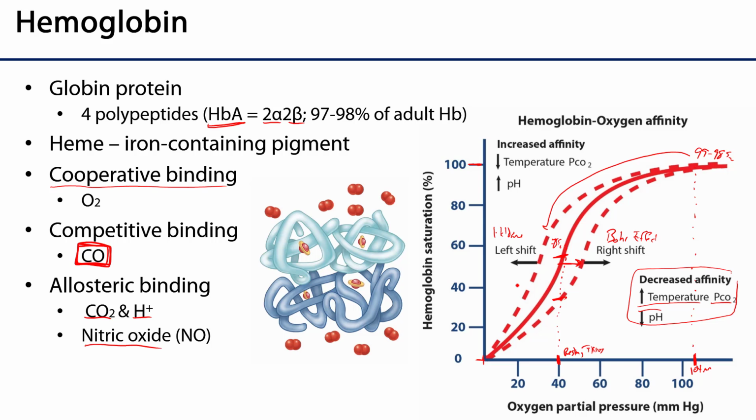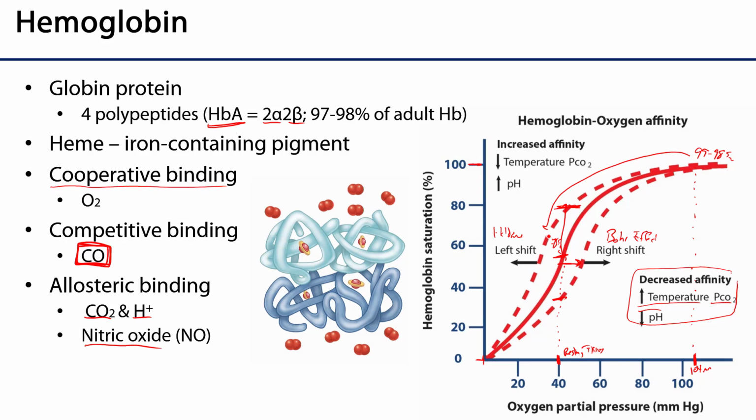Conversely, this left shift, or the Haldane effect, under the exact opposite conditions, so decreases in temperature, decreases in the partial pressure of carbon dioxide, increases in pH, are going to have hemoglobin have a greater affinity for oxygen. So it's less likely to dump the oxygen, more likely to hold on to the oxygen. And these are conditions that are more common around the alveoli of lungs, so that's helpful.